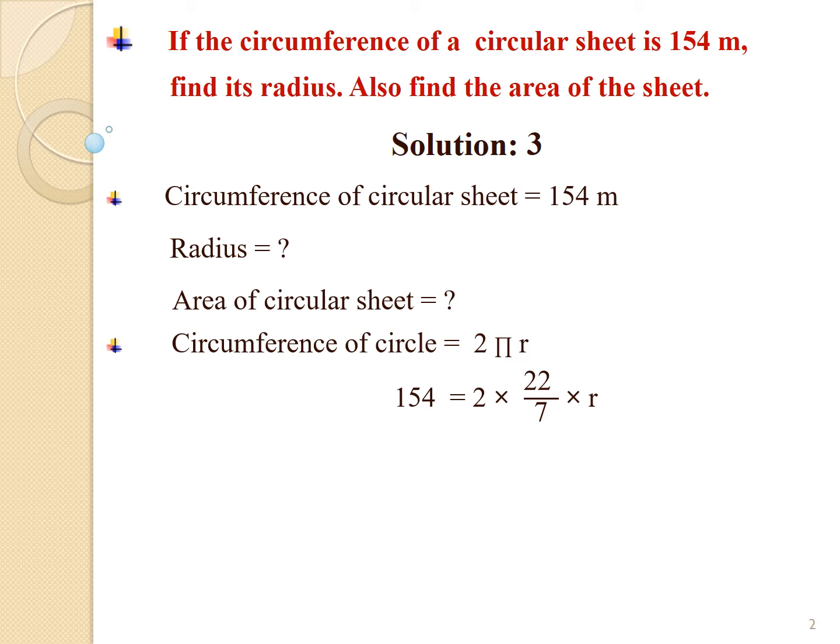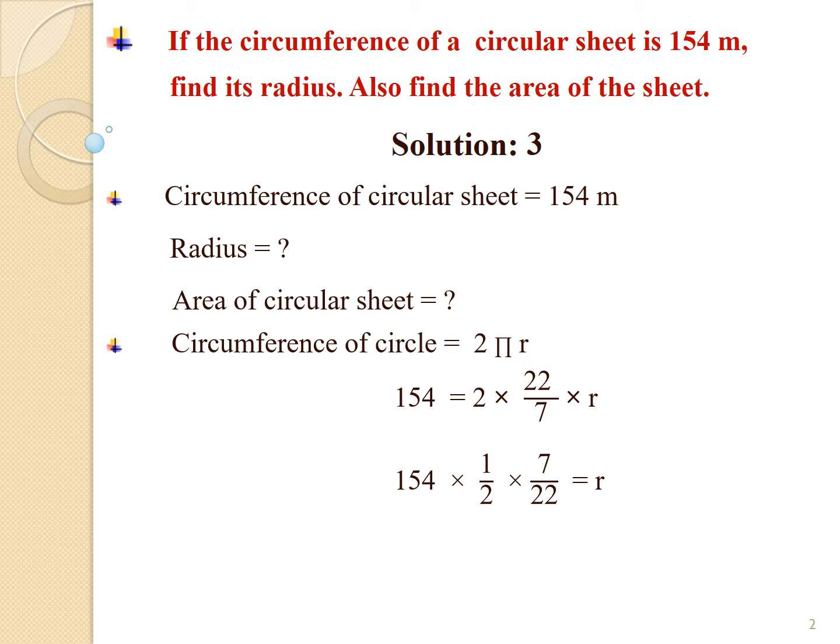Thus, transposing 2 from RHS to LHS by writing its reciprocal and also transposing 22 upon 7 from RHS to LHS by writing its reciprocal, we get 154 into 1 upon 2 into 7 upon 22 equals to r.